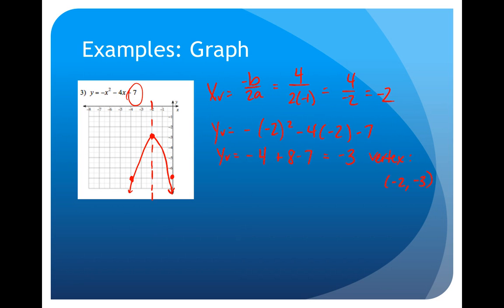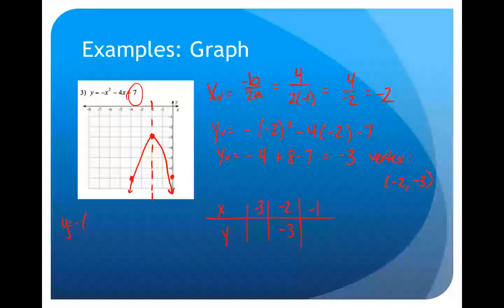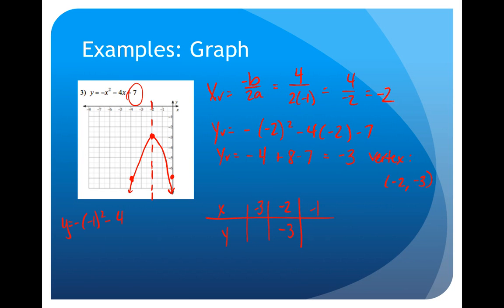If you didn't use that y-intercept, remember you can always make a t-chart. You would put your vertex in the center and then count up and down from this x value. So maybe I put in a negative 1 and a negative 3. I then plug this into my original. So if I plug in negative 1, I've got the opposite of negative 1 squared minus 4 times negative 1 minus 7.